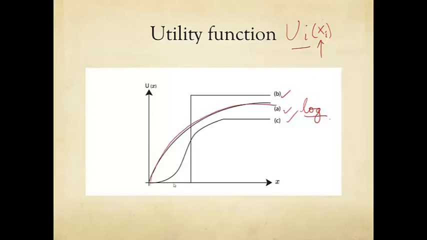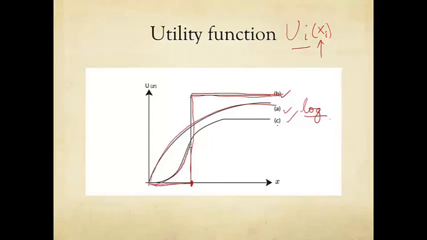But curve B here is actually not smooth, because there's a jump at this point. Below this point, you get no utility. Above this point, you get a strictly positive constant utility. So there's a jumping point. Now, graph C is interesting.